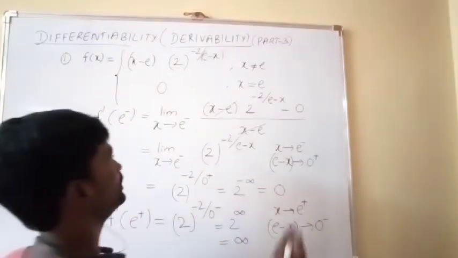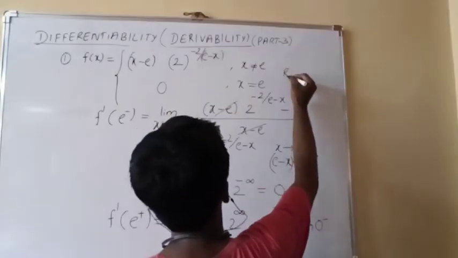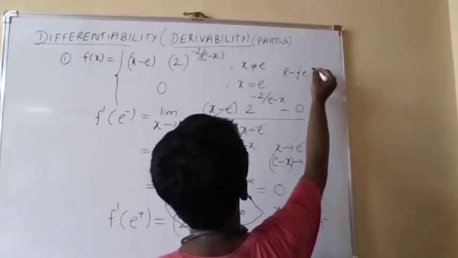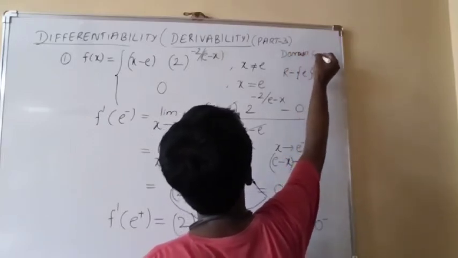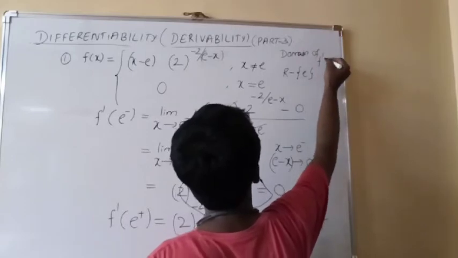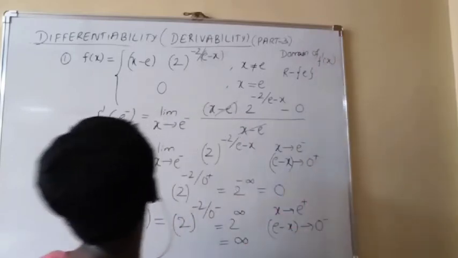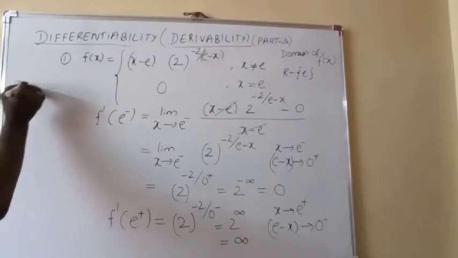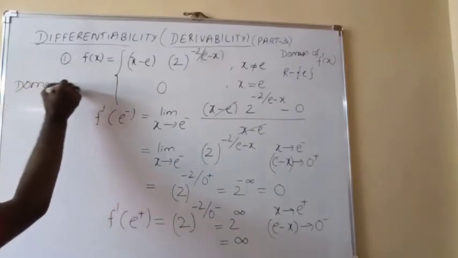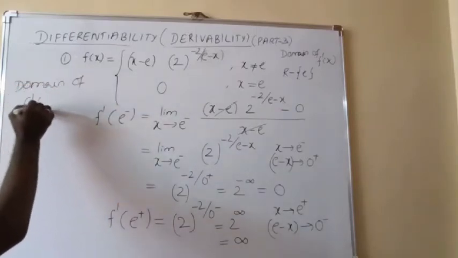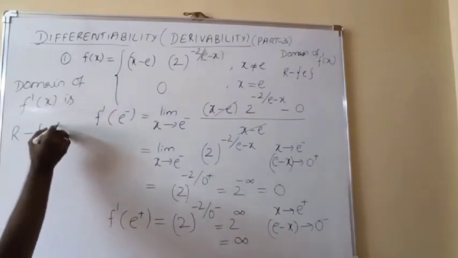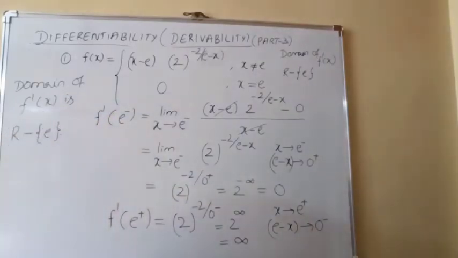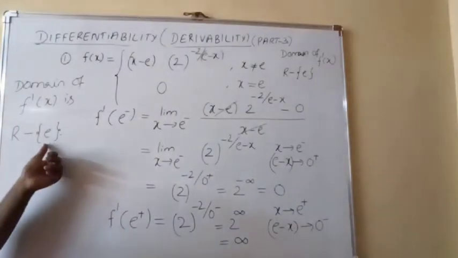So the domain of f'(x) is all real numbers except e, because the domain of f is R. Then the domain of f'(x) is R minus {e}, because f is not differentiable at e.